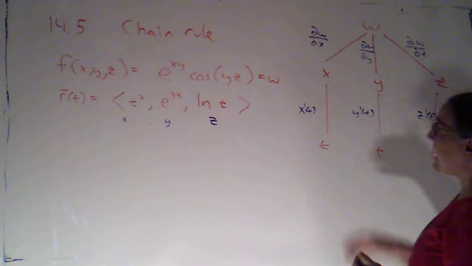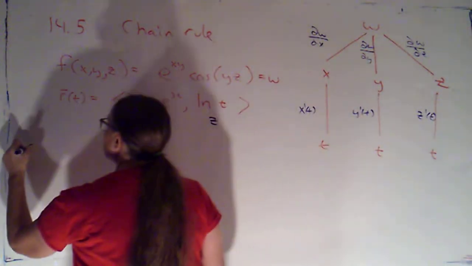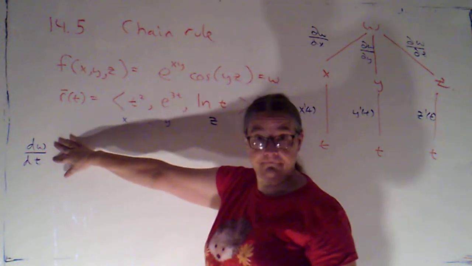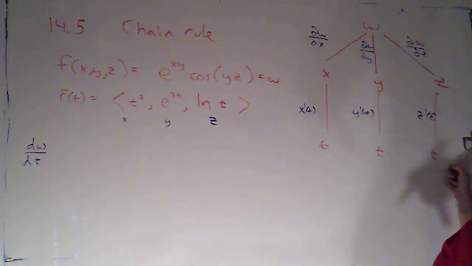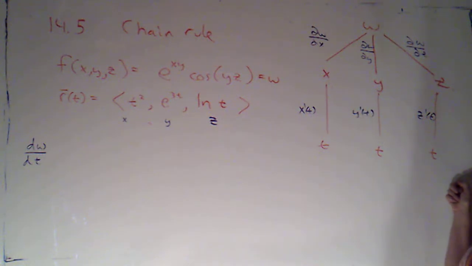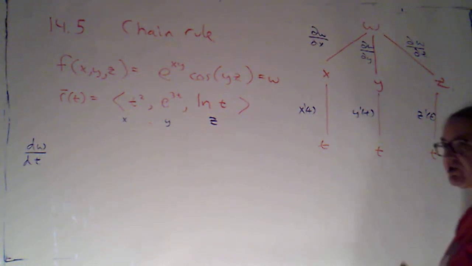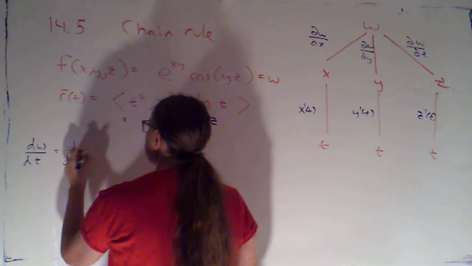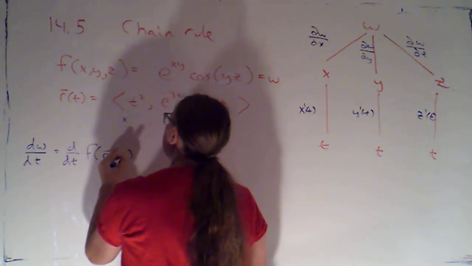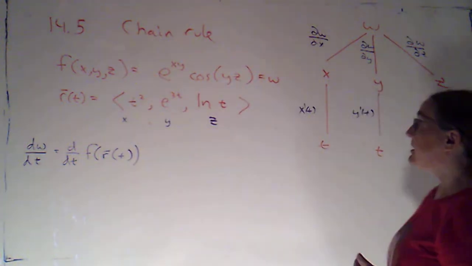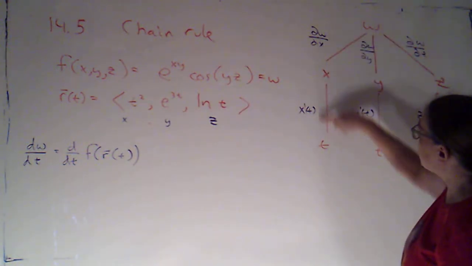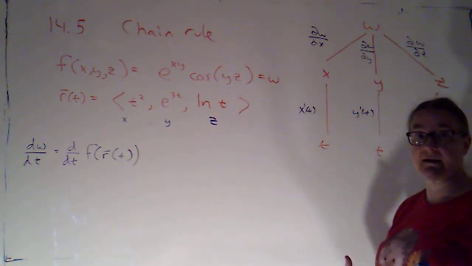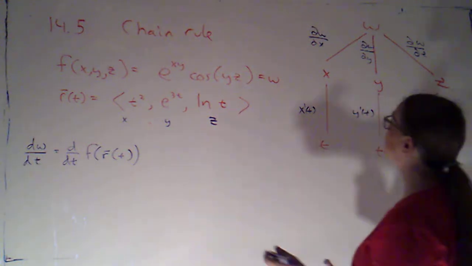Okay. And then, to get the derivative of w with respect to t, and that will be a full derivative, because ultimately, we've got just one variable down here on the bottom. So we're saying w is a function of just one variable. And this is equivalent to the full derivative of f of r of t. All I do is multiply the derivatives along each path that connects w to t and add together those results.